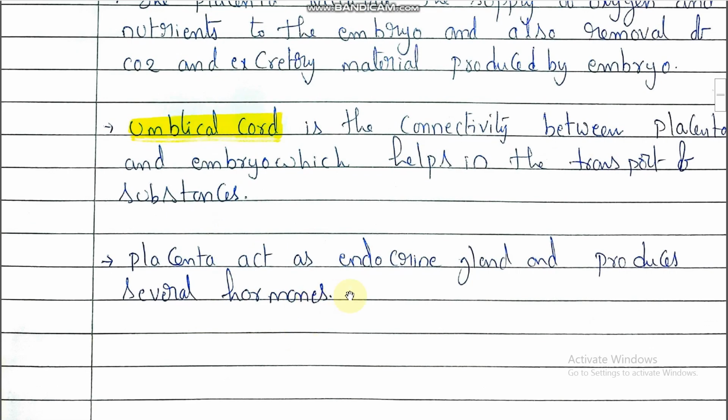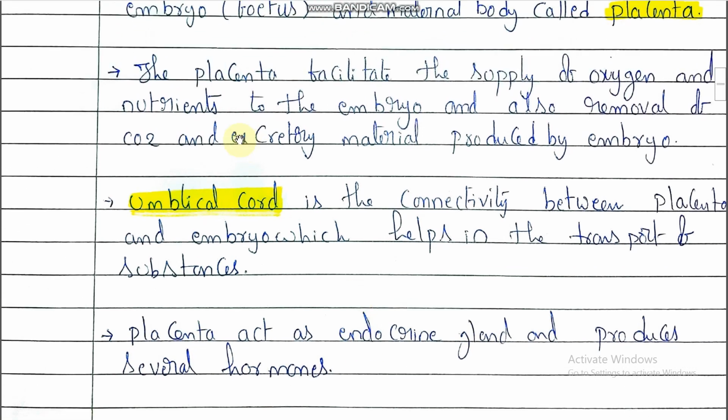The placenta acts as an endocrine gland and produces several hormones. We have already discussed the placenta's function: it facilitates the supply of oxygen and nutrients to the embryo and the removal of carbon dioxide and excretory material, right?